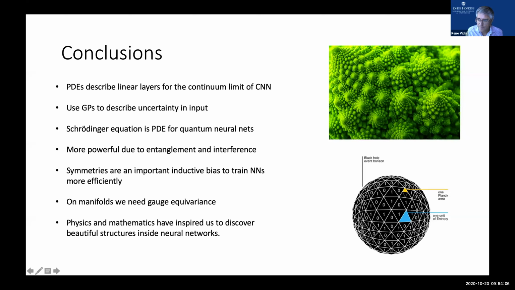Yep. Hi. I had a question about the first part of your presentation, particularly when you had that architecture slide that was transforming images into a Gaussian process and then applying the differential operators in multiple layers. Yeah, here, for example.